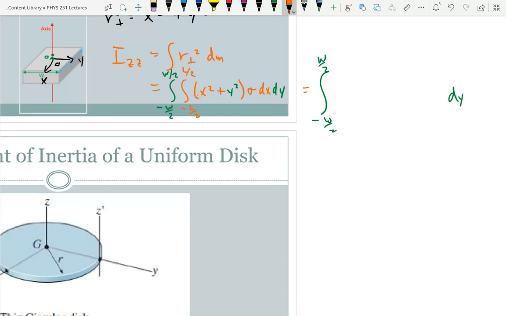And I know my y is going to turn out to be y in here. So it would be sigma times, because sigma is constant, bring the sigma out, yeah. So sigma times x cubed over 3.